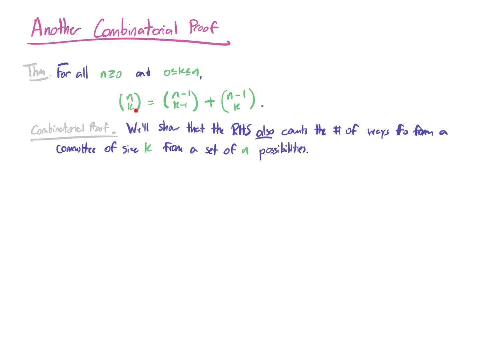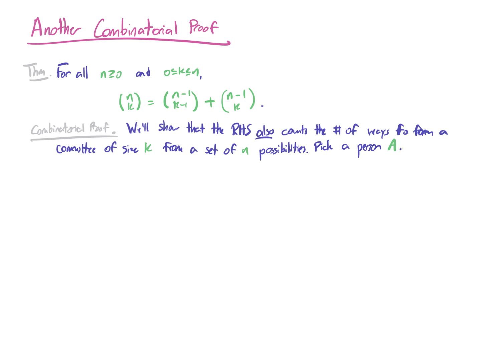We know that's what the left-hand side does, so if we can prove that the right-hand side also does that, then we are done. Okay, so what I'm going to do is I'm going to pick a person, A. Their name is A, that's just what we're going to refer to them as. And we're not picking them to be on the committee, we're just focusing on them right now.